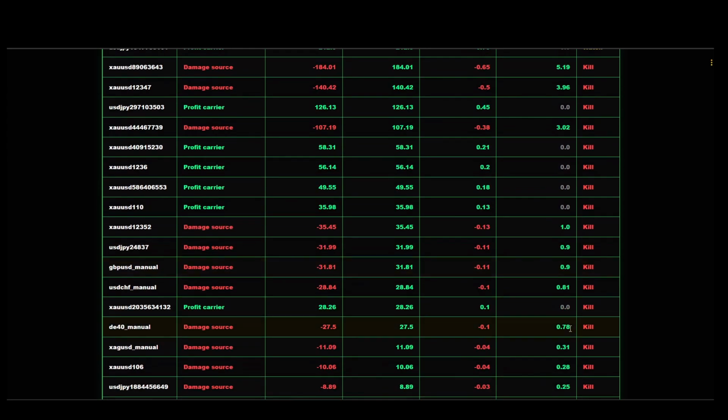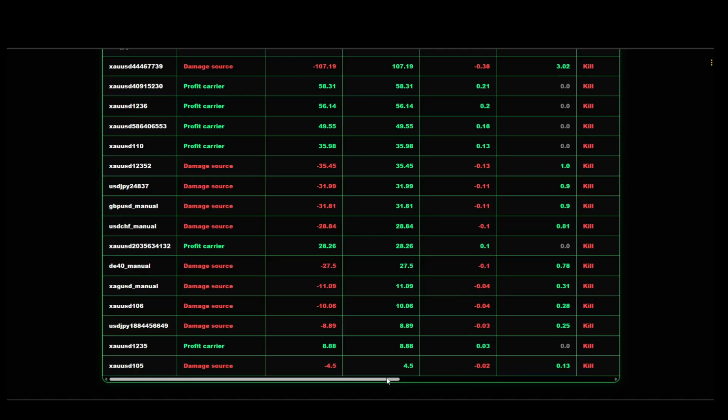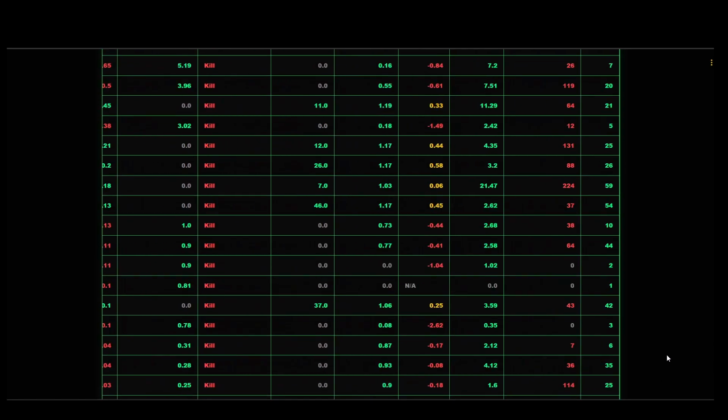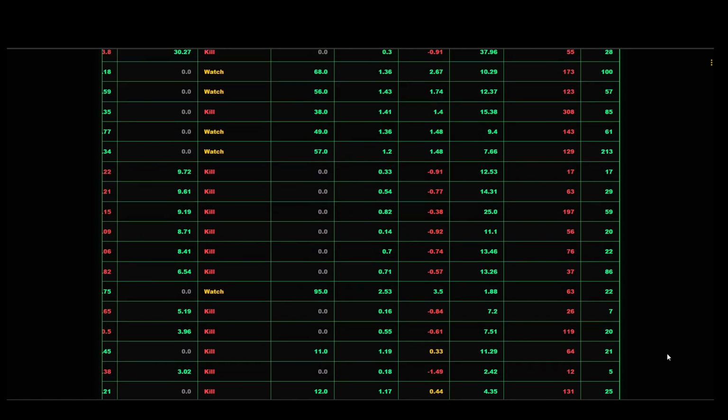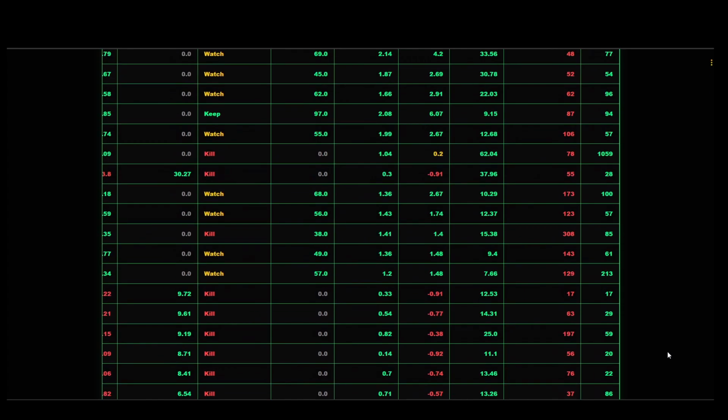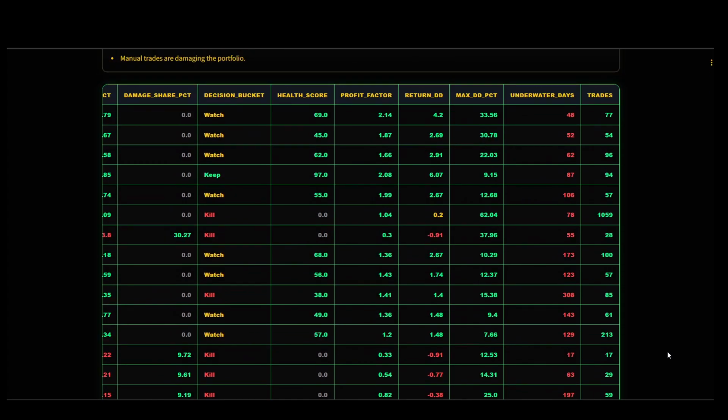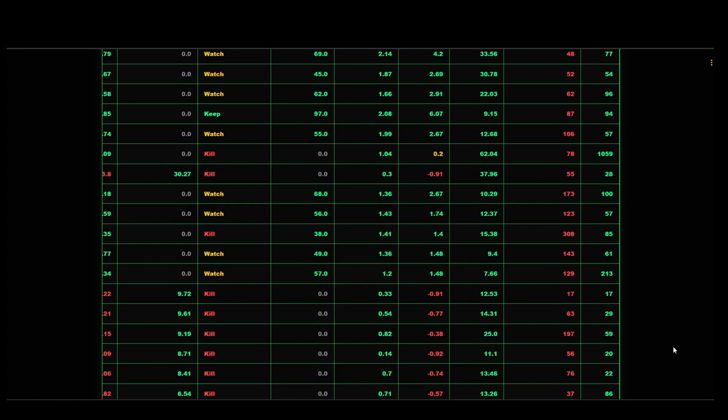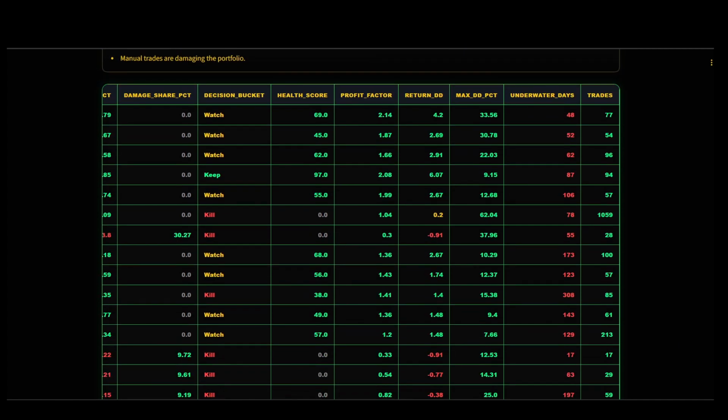And this creates a much more realistic institutional portfolio view. Because in real allocation environments, capital is not only deployed towards strong performers. Weak structural contributors also need to be identified, controlled, reduced, or removed entirely. And when we combine profit contribution, damage share, health quality, drawdown structure, underwater duration, and concentration dominance, the workflow starts building a true structural map of the entire portfolio ecosystem itself.